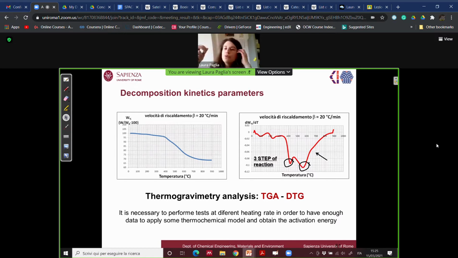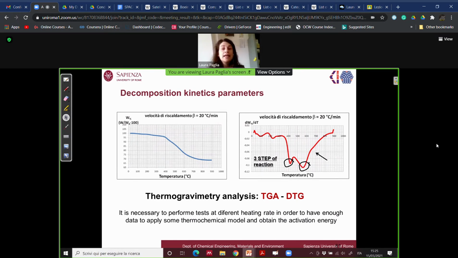When we perform a thermogravimetric analysis, we have a furnace in which we can put a sample of some kind of material. We can warm this material to a certain temperature or at a constant heating rate, for example.